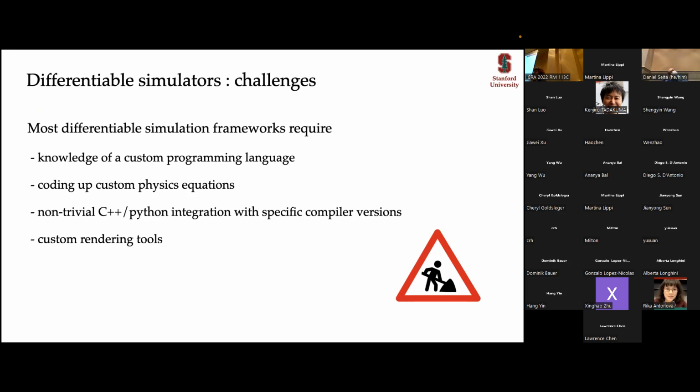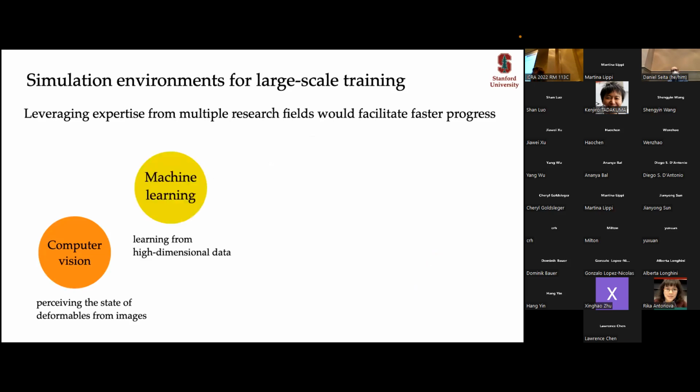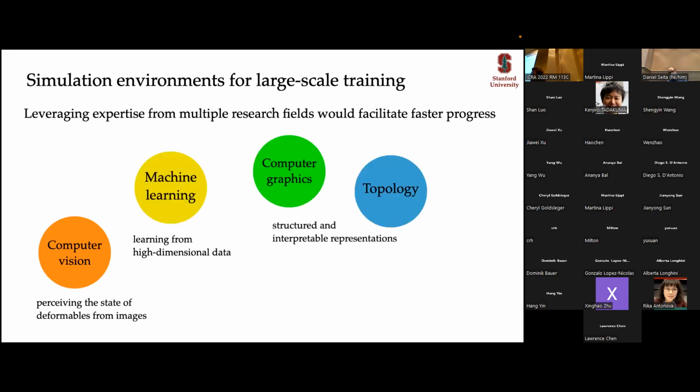So this is very much work in progress in the community. So we want to also be able to actually have simulators that are scalable and easy to use for us roboticists, but also that we can bring in other people, for example from computer vision, from machine learning, maybe from computer graphics and topology, and be able to work with them all together using the benchmarking or simulation tools that are relevant to our tasks.